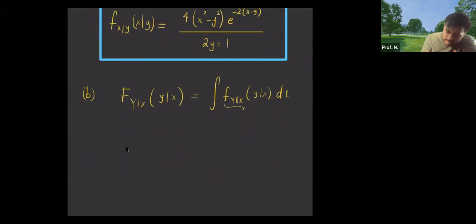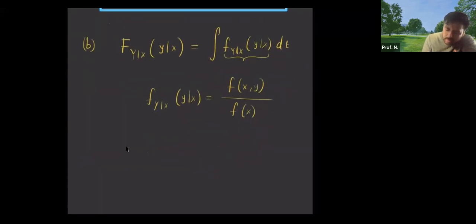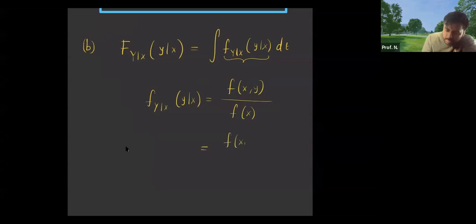But to find this, you have to find the joint distribution and divide it by the marginal distribution of x, which is the same thing as saying f of x comma y over the integral of f of x comma y dy.